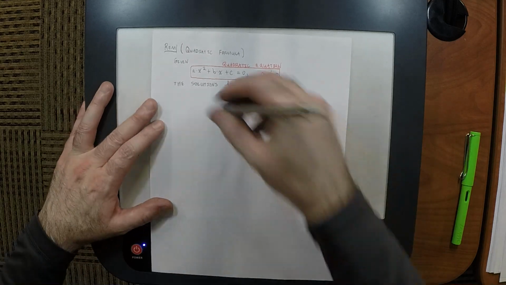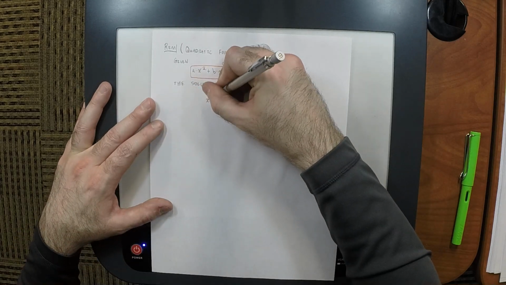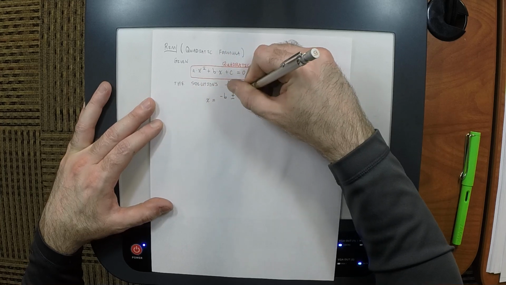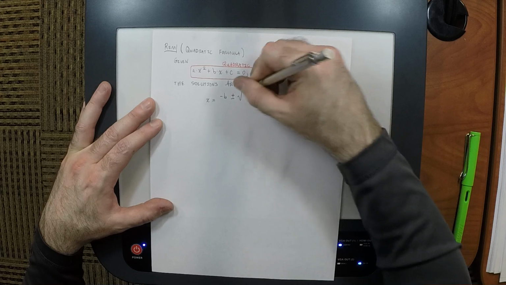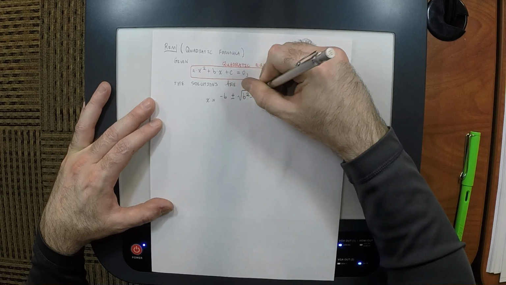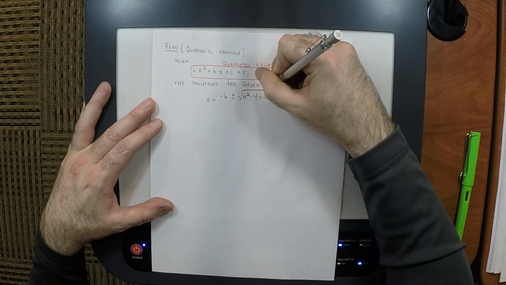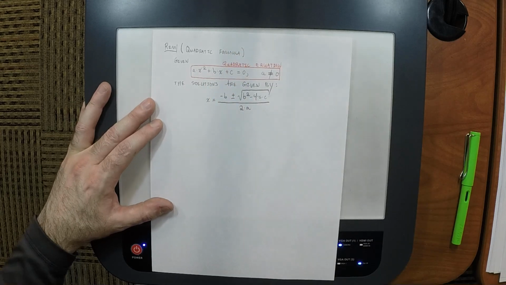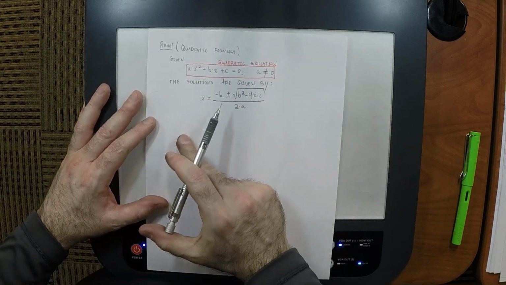So the solutions are given by x is negative b plus or minus the square root of b squared minus 4ac, all of that divided by 2a.